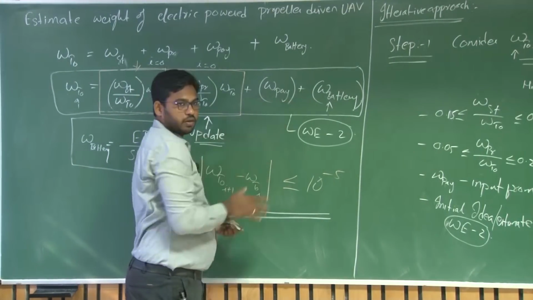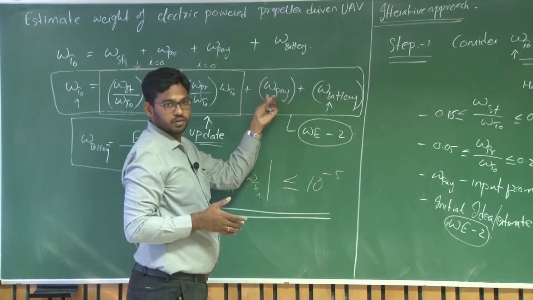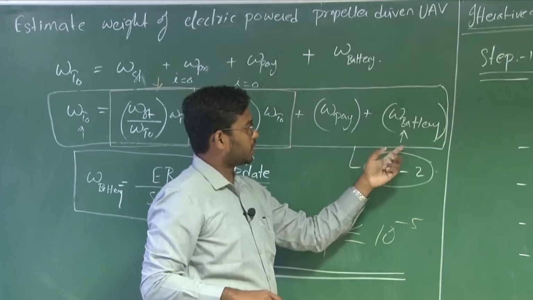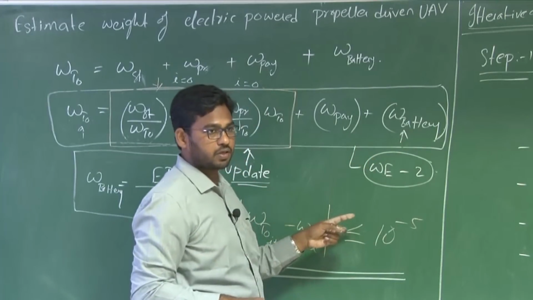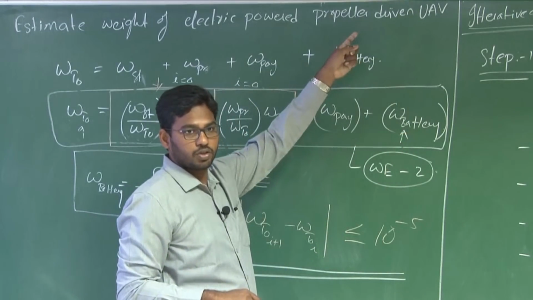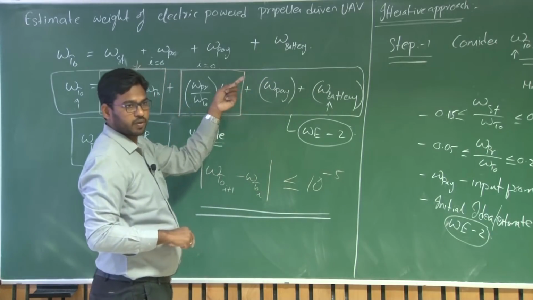And this payload, of course, from the starting, is as per the mission requirements. That means it satisfies the requirements of the new mission. From this equation, after this initial round of iteration, you have updated the overall takeoff battery weight as per the new mission requirement. And the payload is, of course, an input from the mission requirements.